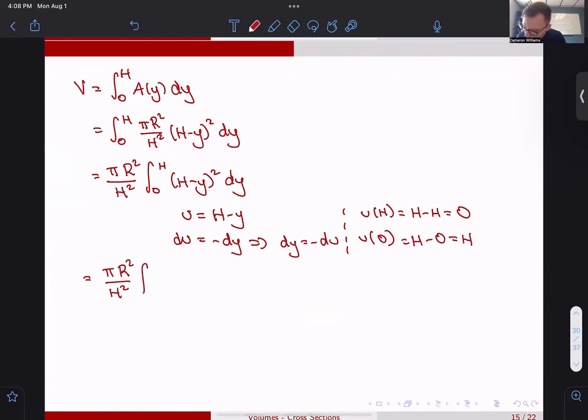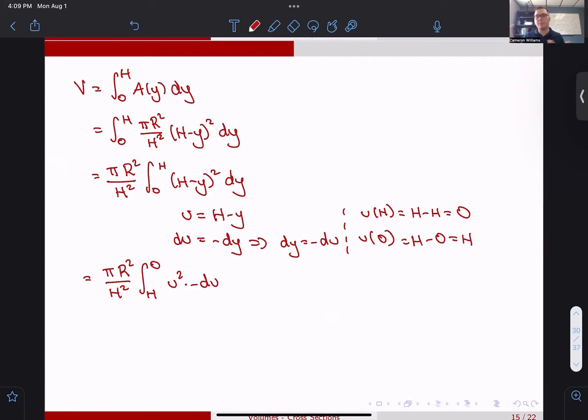So replacing, our upper limit gets replaced with 0, our lower limit gets replaced with H. And now this is just u, so we just get u squared. And dy gets replaced with negative du. And we can use that negative to switch our limits of integration.